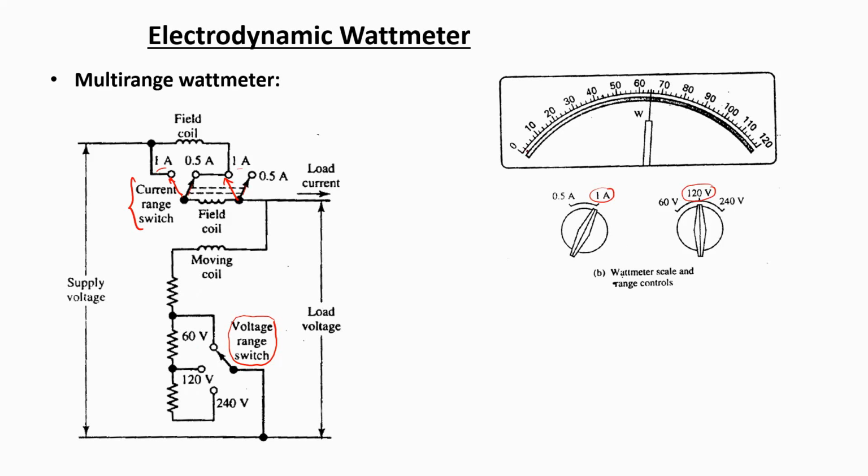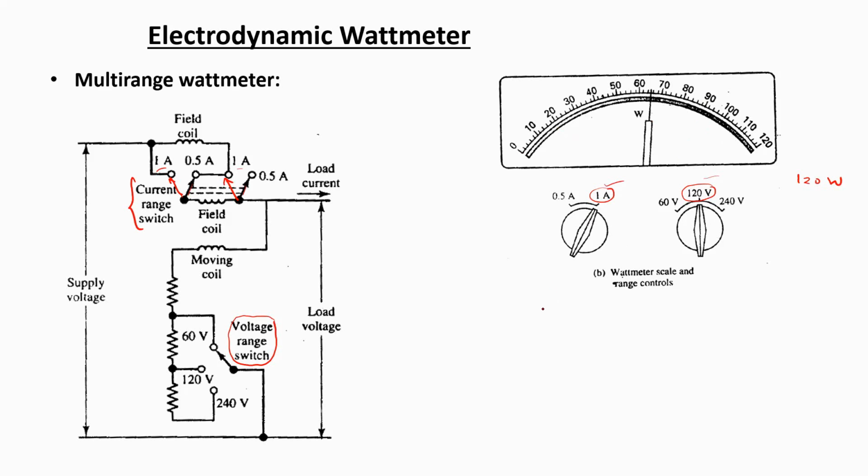And let's say the scale is calibrated from 0 to 120. Now, if these ranges are selected, 1 ampere and 120 volts, then the corresponding power for these two quantities is 120 watts. So this same scale can be used directly to take readings to measure the power across a load.